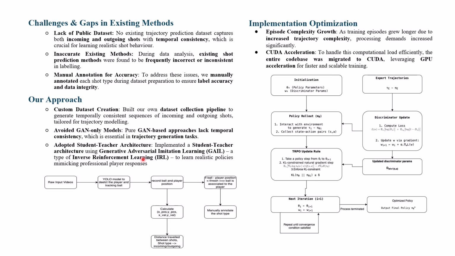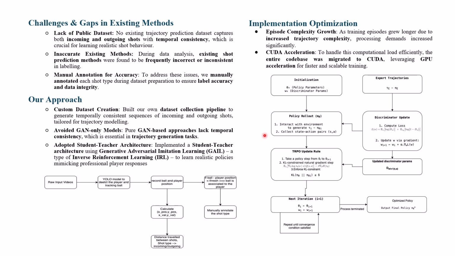And we implemented a student-teacher architecture using generative adversarial imitation learning, which is a type of IRL, inverse reinforcement learning, instead of GAN-based approaches, because it's a very optimal method for trajectory generation tasks.